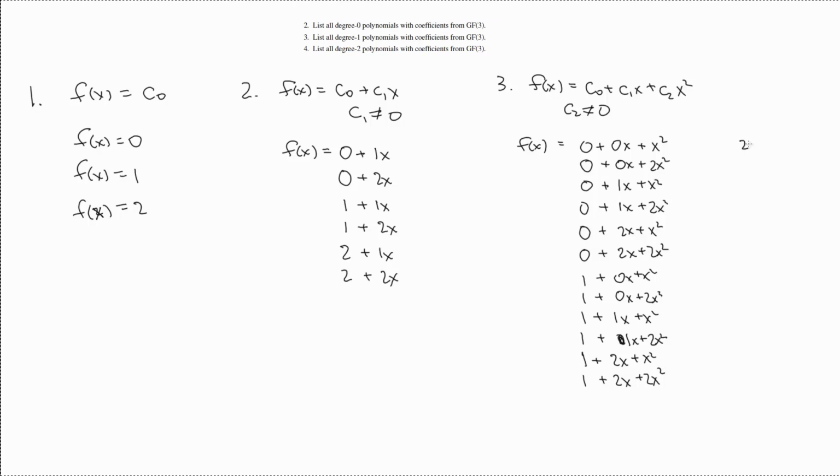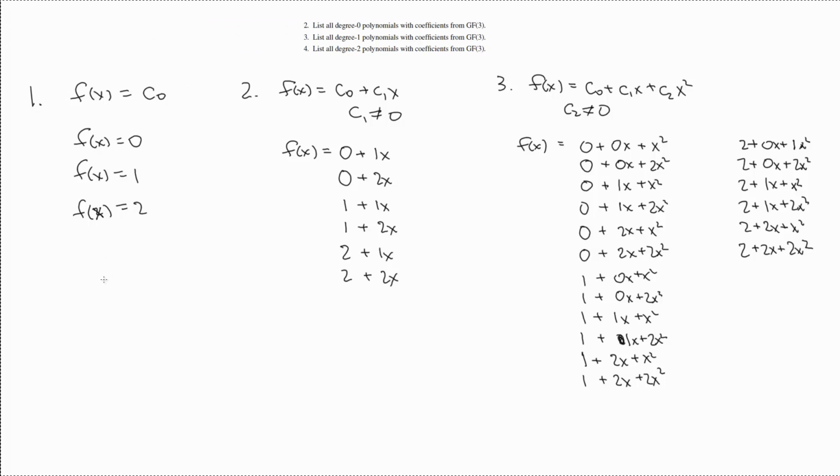And also 2 plus 0x plus 1x squared, 2 plus 0x plus 2x squared, 2 plus 1x plus x squared, 2 plus 1x plus 2x squared, 2 plus 2x plus x squared, and 2 plus 2x plus 2x squared.